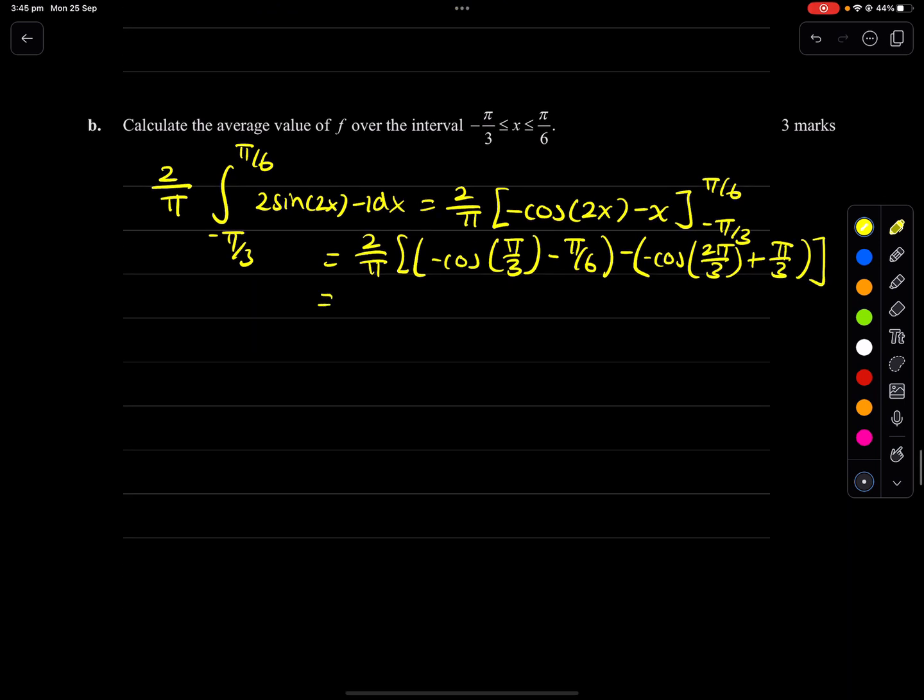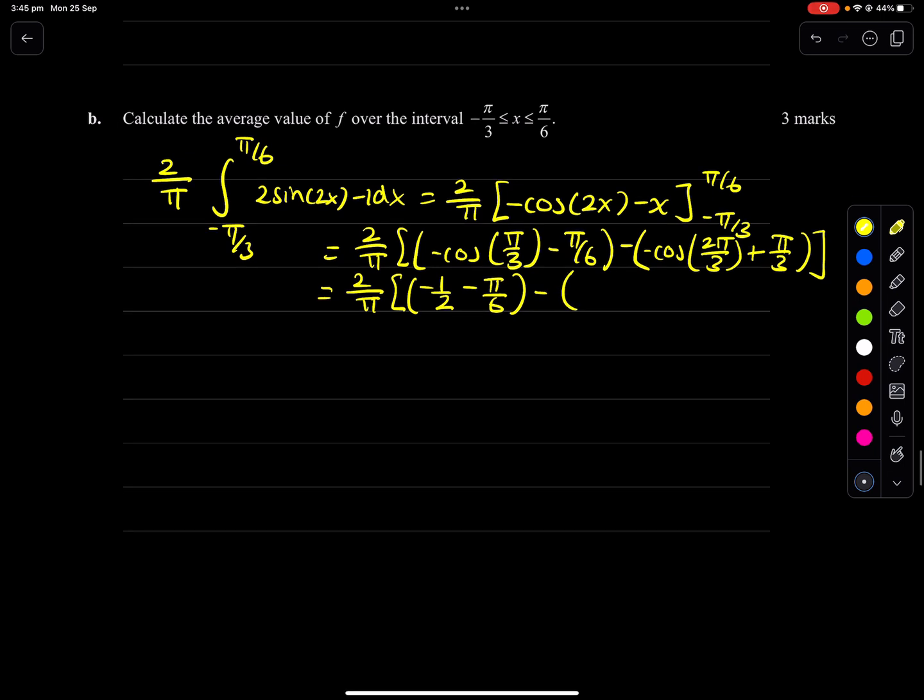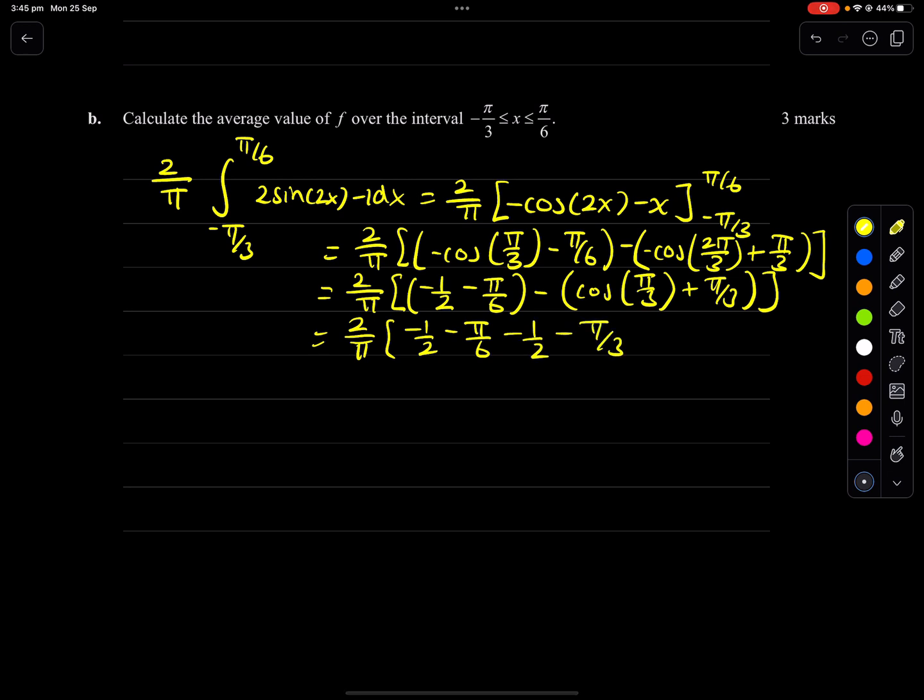We're nearly done, so that will be 2 over pi, negative half minus pi on 6, minus, this over here becomes cos 2 pi on 3 plus pi on 3, negative half minus pi on 6, minus half minus pi on 3.